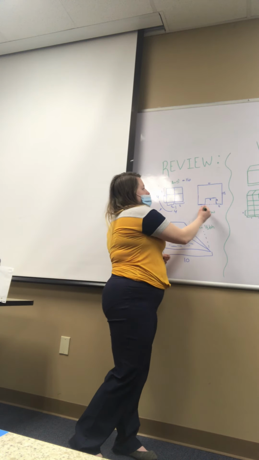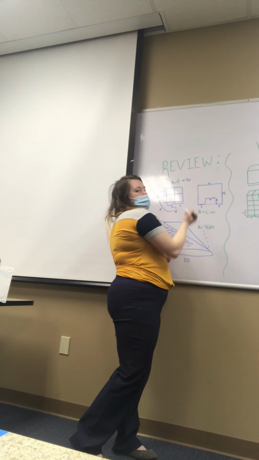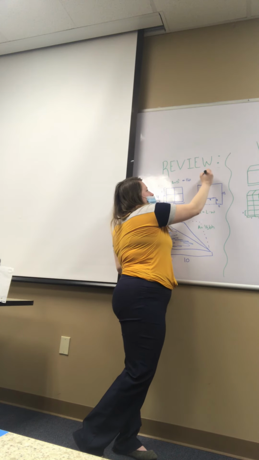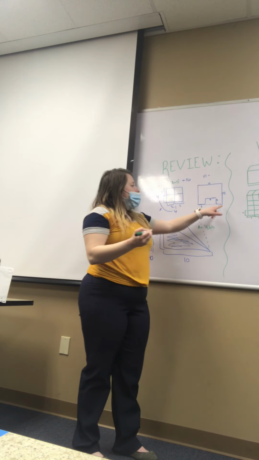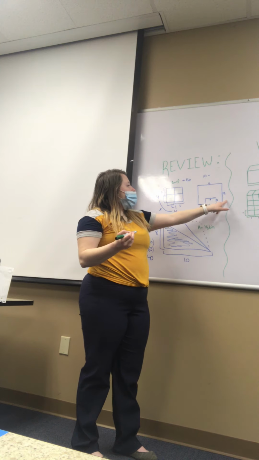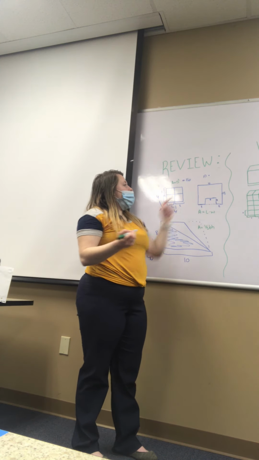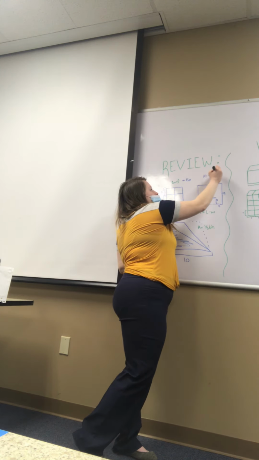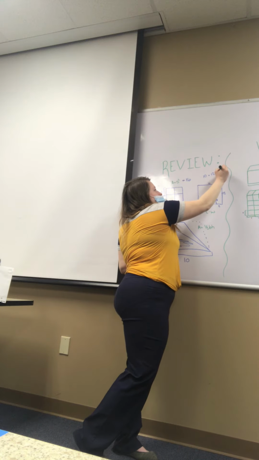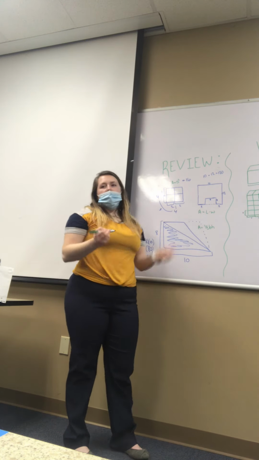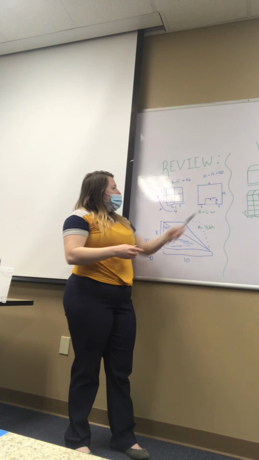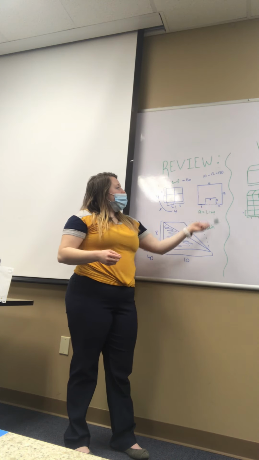So our length is what? 10. So we're going to have 10 times our width, 12, which is 120. Why is this not our answer? Why can't we just stay with 120? Why can't we just do the length times width and then call it good?